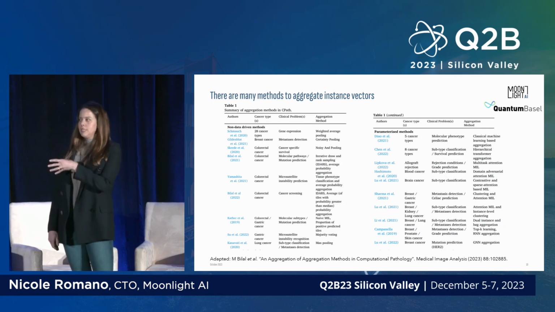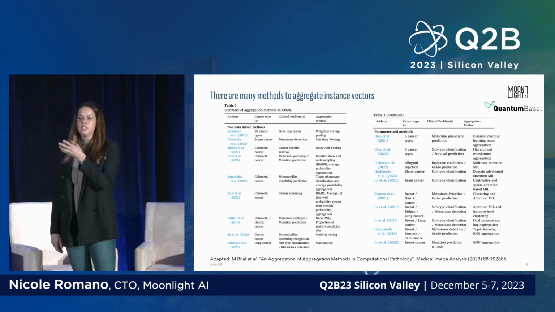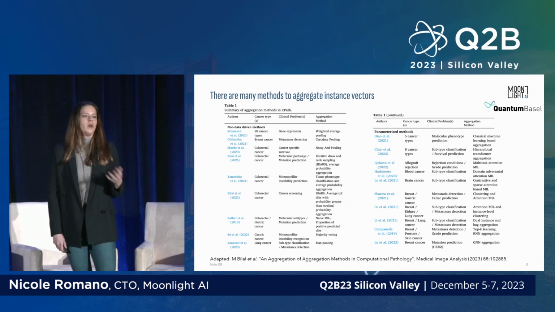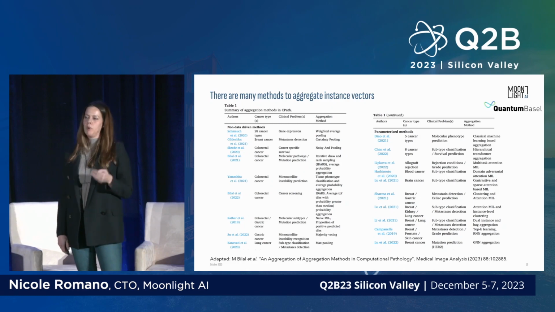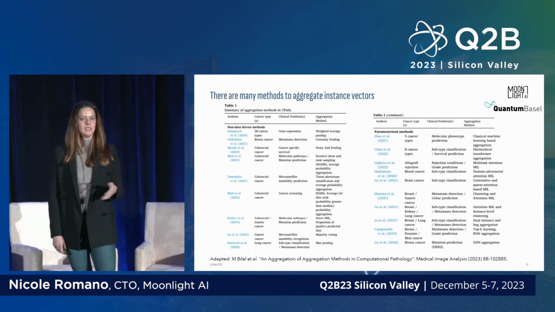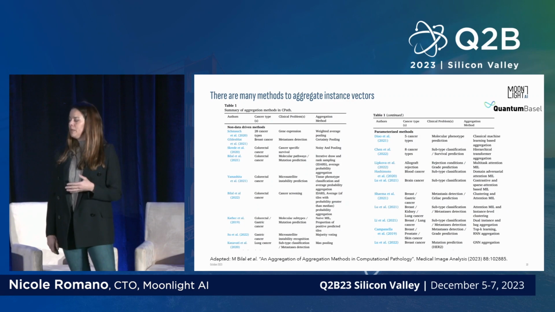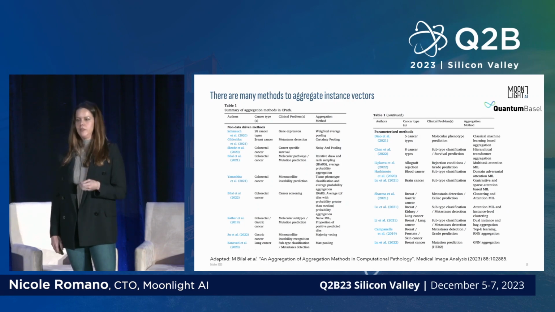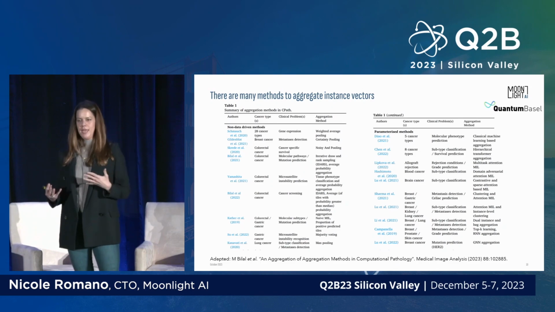There are a lot of heuristic kind of methods. There are a lot of parameterized and trainable methods. And one that's particularly interesting is borrowed from natural language processing. This is the concept of the attention mechanism, which is a trainable function that uses the content of each feature vector to learn how much attention to essentially pay to that feature vector.